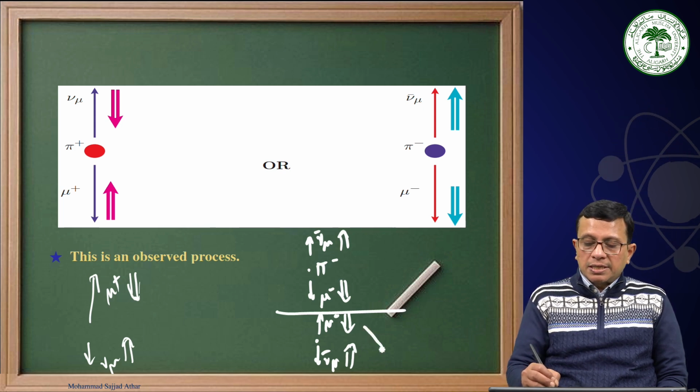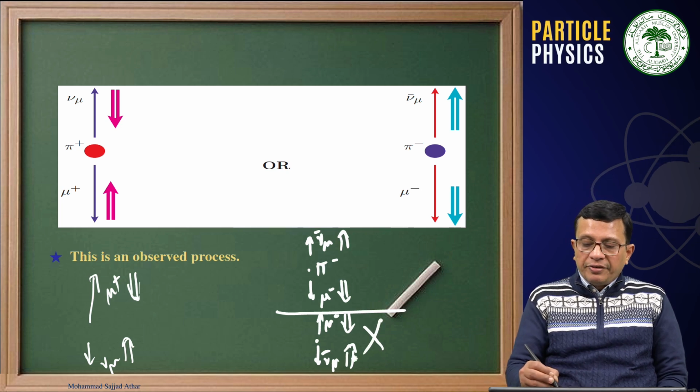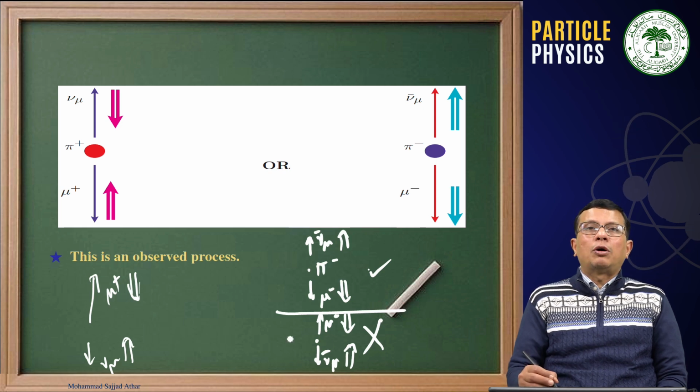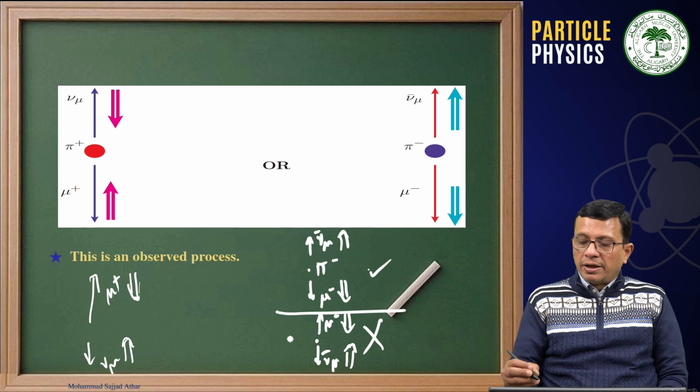But this has never been observed. And therefore, we say that we have a process whose mirror reflection is not an observed process, and therefore parity gets violated in the weak interaction. Therefore, in a weak interaction process, what we are seeing is that we have a particle pi plus.